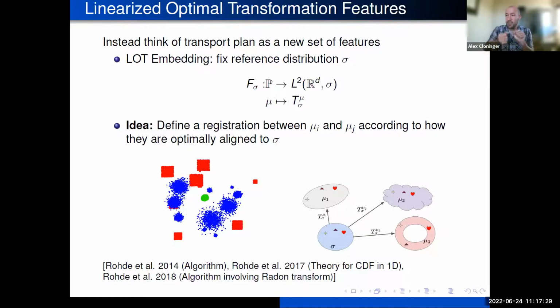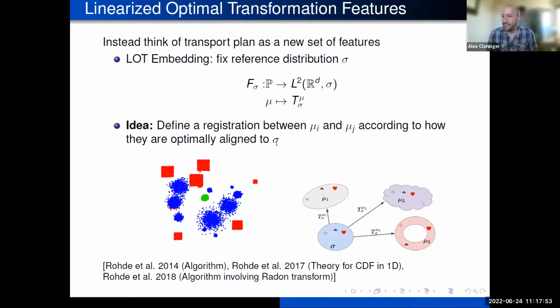So it's like spokes on a wheel. I'm finding the optimal transport between sigma and each distribution. And what I'm going to store from that is not the distance, but the map. How did I transform sigma into mu1? How did I transform sigma into mu2? So mu is now being mapped to the transport map.